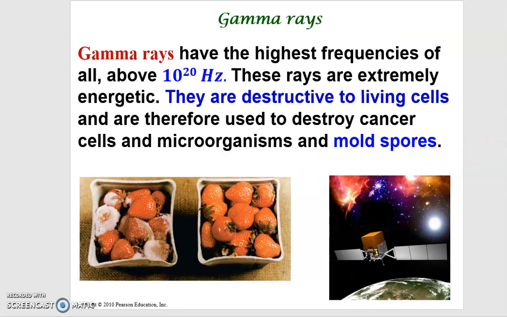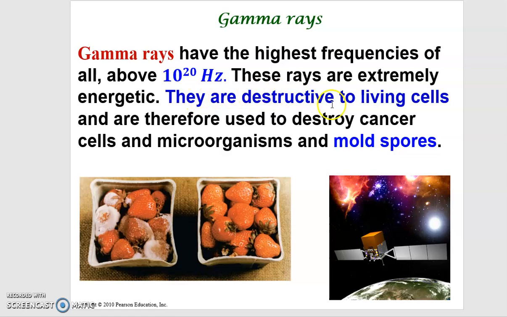So finally, let's take a look at the final one, the gamma rays. Gamma ray has the highest frequency among all the spectrums. It is above 10 to the power 20 Hertz. So they are extremely energetic, which means if you are exposed to gamma rays for even a short period of time, your skin will be damaged, your organs, the cells.